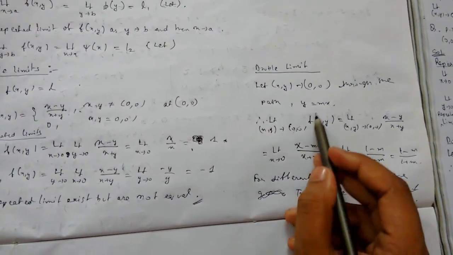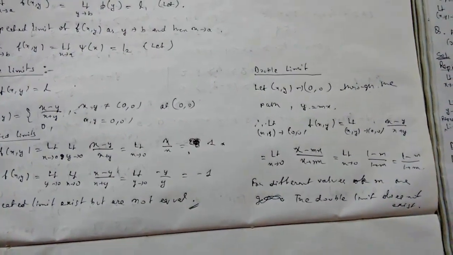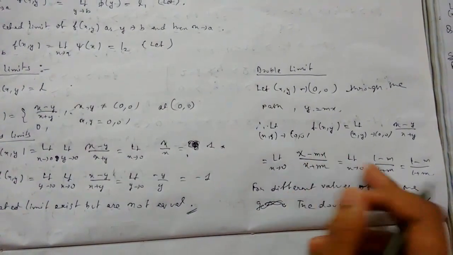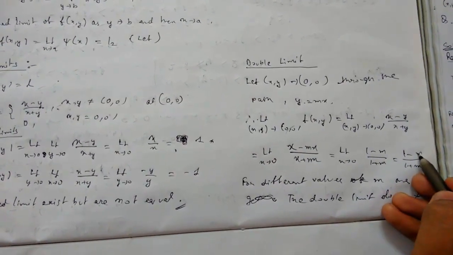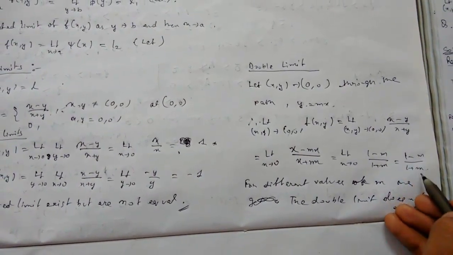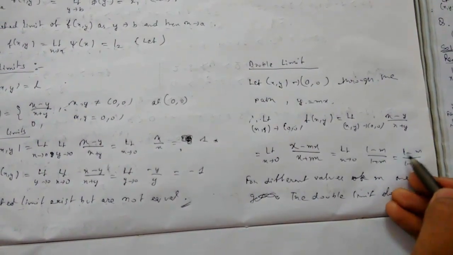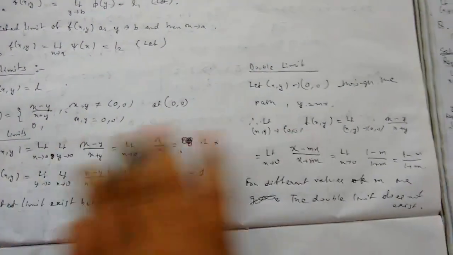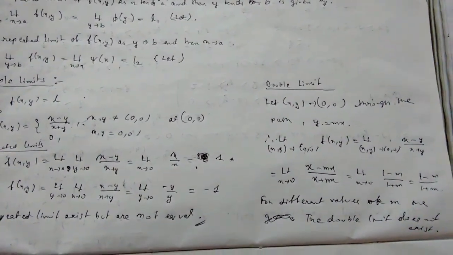For a double limit we need to choose a path for y for which the function will be independent of m, and if for all values of m we get the same answer, then the limit will exist. Suppose if we put m equal to 1, then this will be 0. If we put m equal to 2, we get minus 1 upon 3. For all values of m we are getting different answers, so the double limit does not exist.